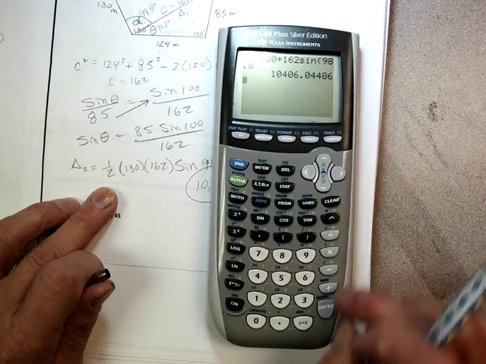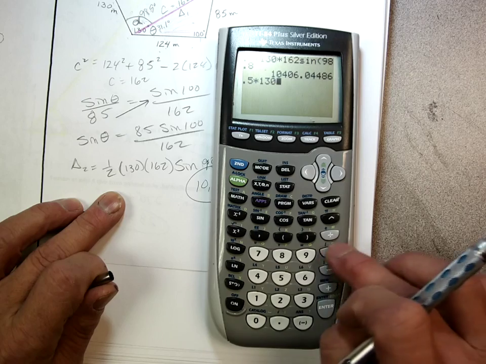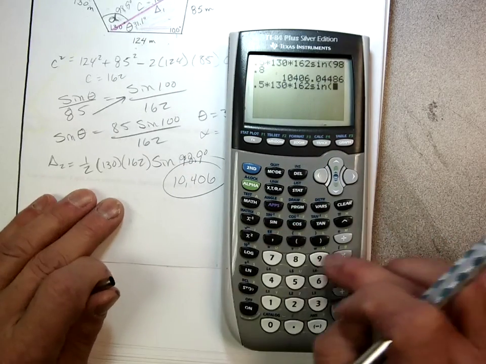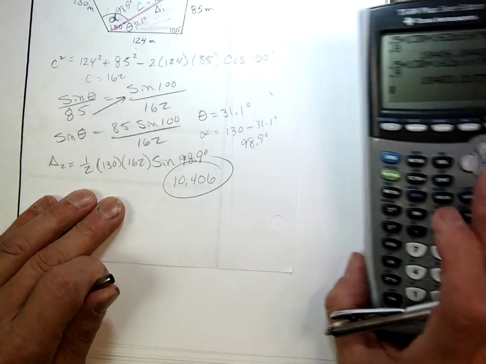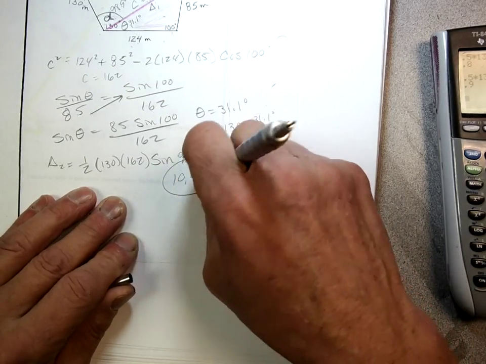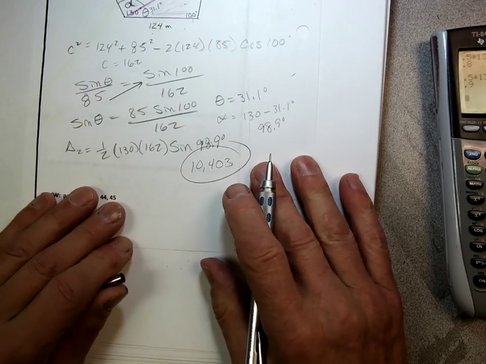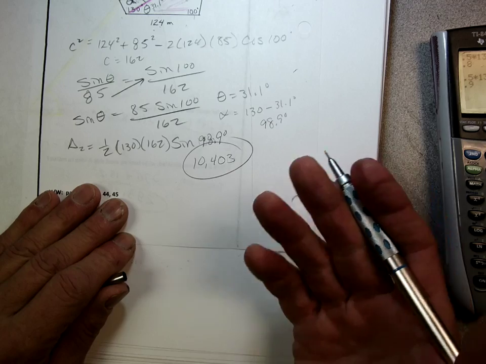Interesting, it did make a difference. 0.5 times 130 times 162 times the sine of 98.9. Wow, look at that. I got 10,403. Just a tiny bit, didn't it? That's about 3 meters. If the county was assessing and taxing me on those 3 meters, it might cost me a couple of bucks, right?